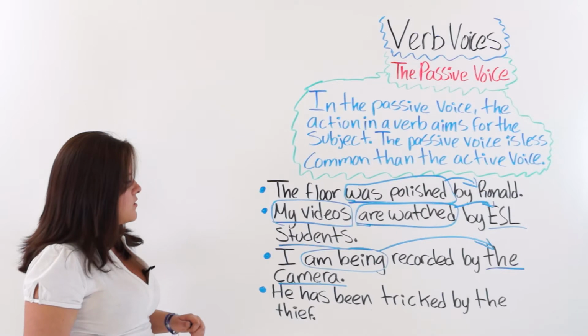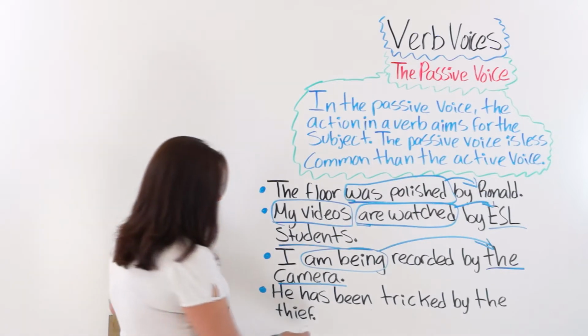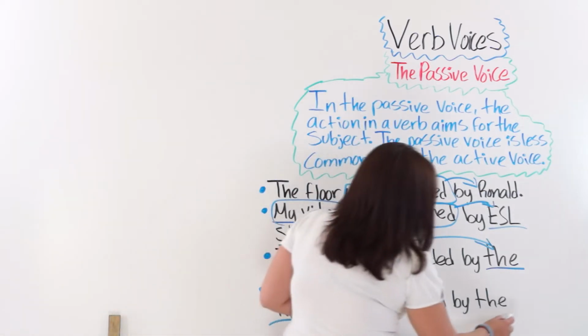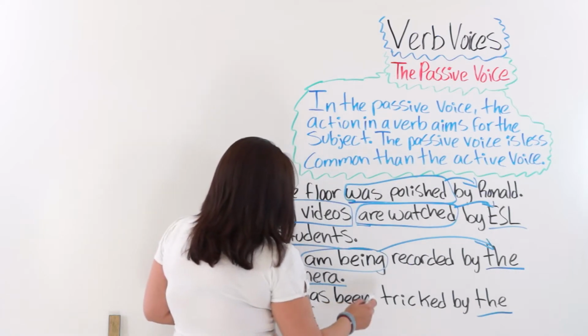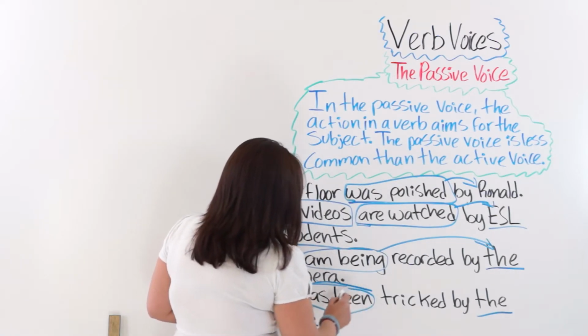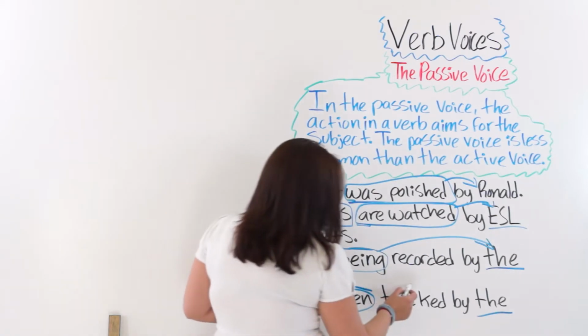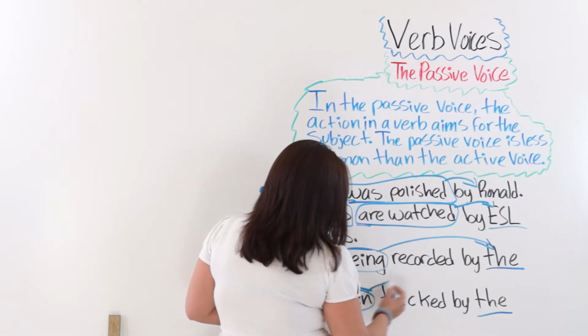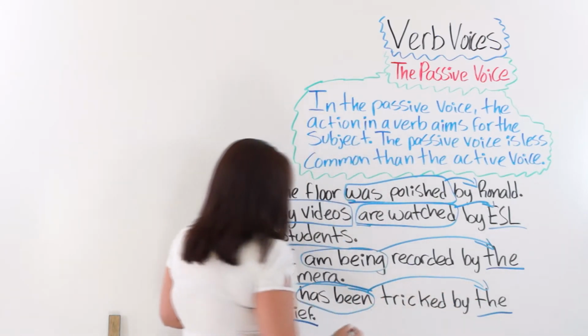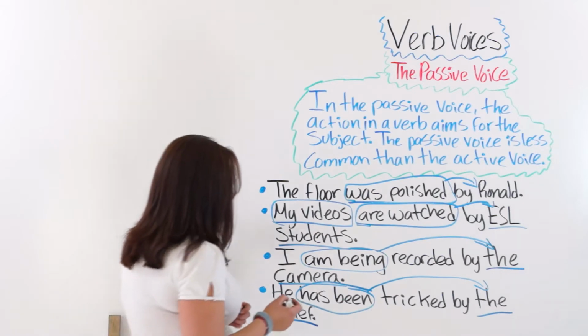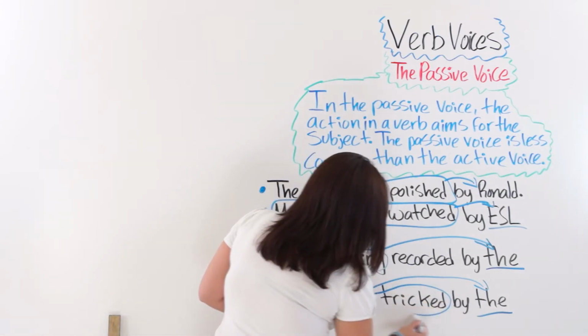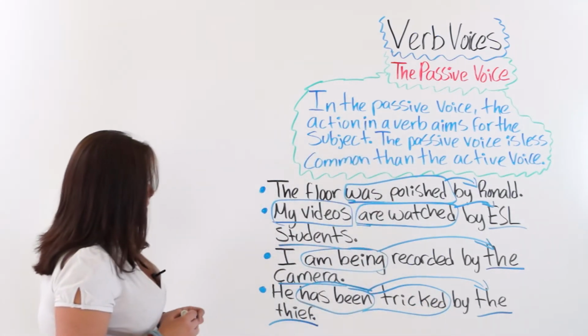We have the subject here. We have a verb phrase, has been tricked by the thief. Alright, all of this could be the verb phrase.